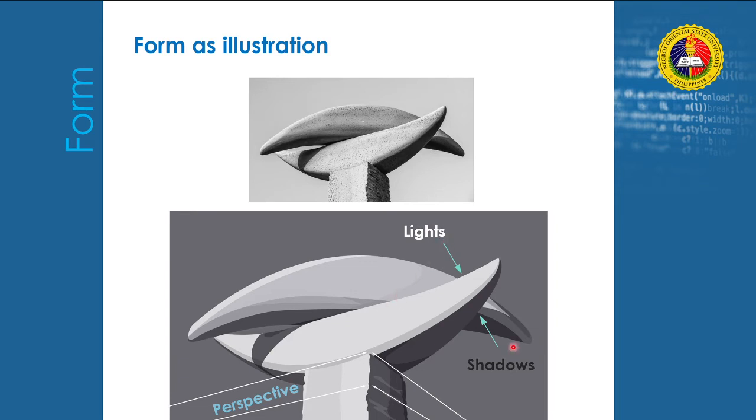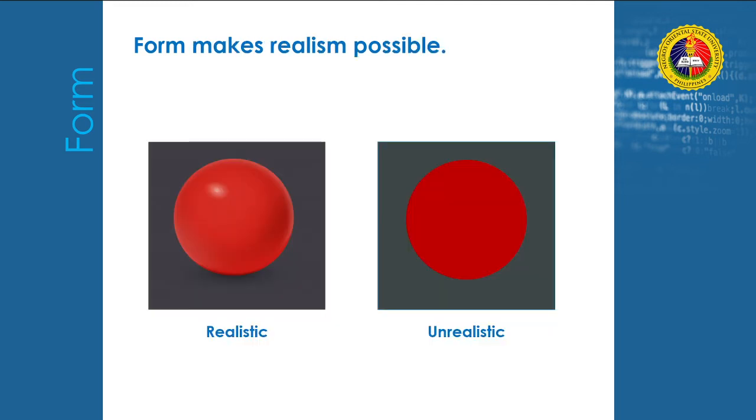Again, using the lights, the shadows, and perspective. Form makes realism possible. Okay, let's take a look at these two photographs that we have here. On the left side, we have a ball which looks very realistic because of how the light and shadow play a role in determining the depth of the image.